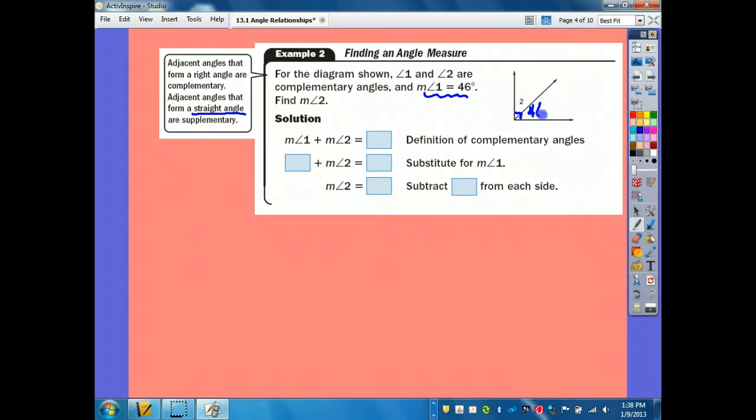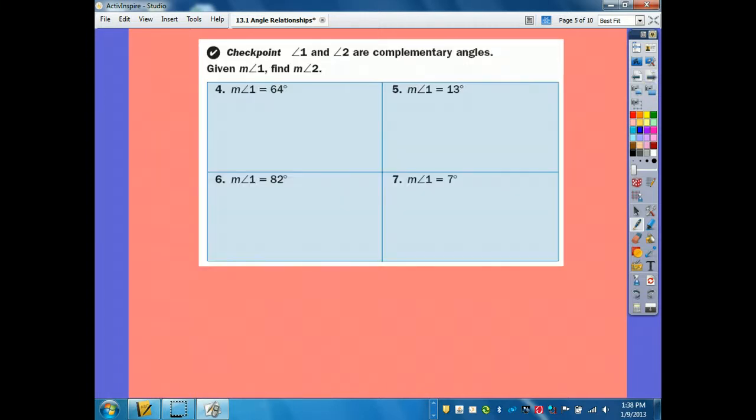So this one equals 46 degrees. What does angle 2 equal? 44. You are correct. How did you get that? 90 minus 46. Exactly. 90 minus 46 is 44 degrees. That's how we got the missing one. And 45 plus 45 is diagonal.